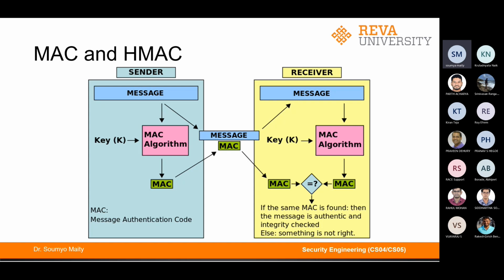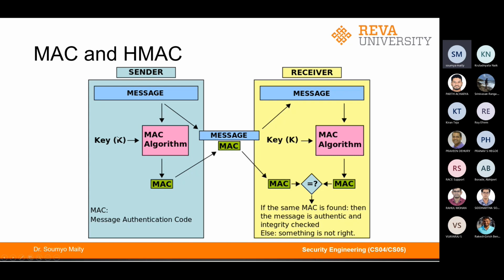Why? Because we know it is collision resistant. So we have a message, we have a key, and we apply the hash and then use the key, and we create a message authentication code using this. So we have the hash with the same key. We just encrypt that hash and we create a message authentication code.